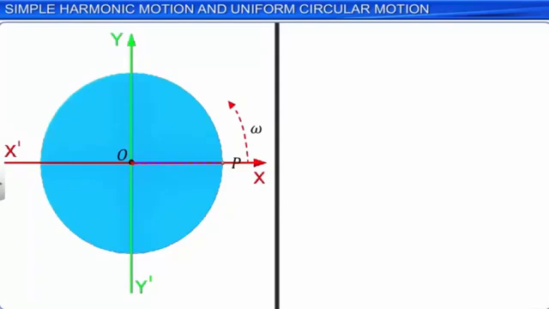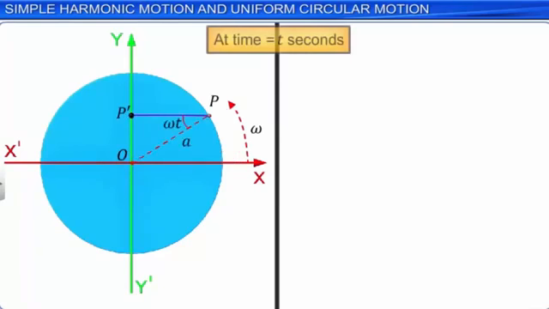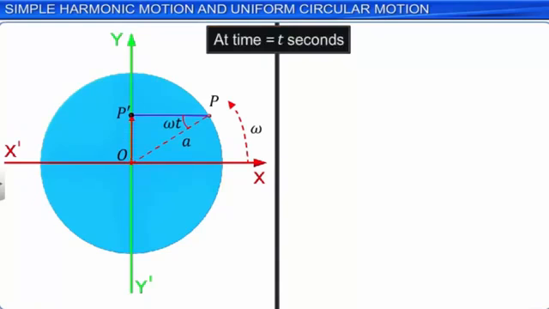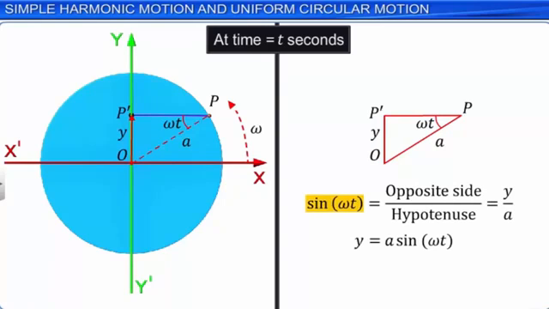The displacement of the projection of the particle y is then obtained using trigonometric ratios of the right-angled triangle thus formed. Sine of the angle omega t is the ratio of opposite sides, which is the displacement of the projection of particle P', that is, OP', represented as y, to the position vector of the particle OP, whose magnitude is equivalent to the radius A of the reference circle.